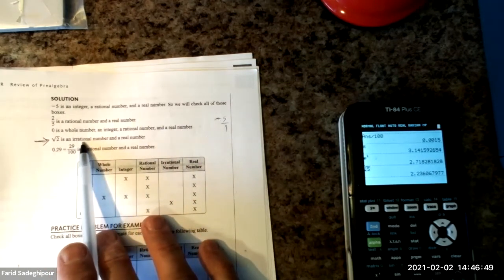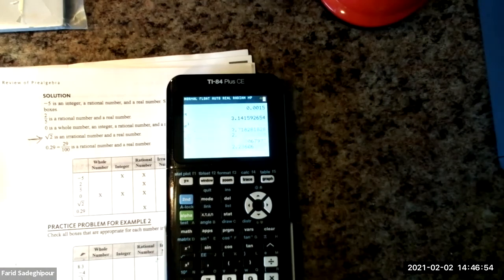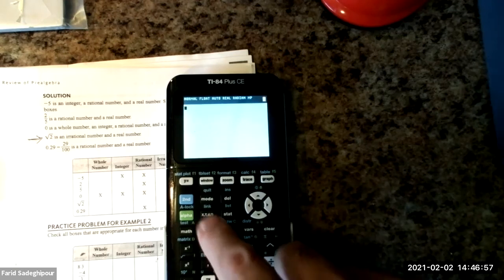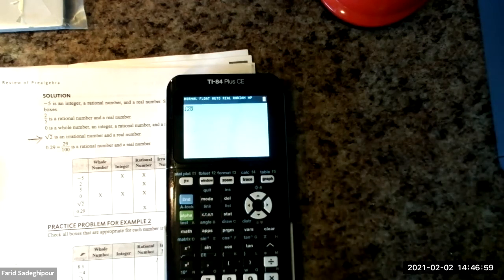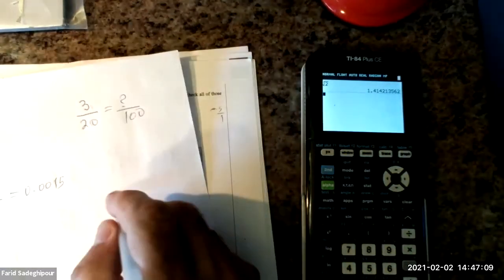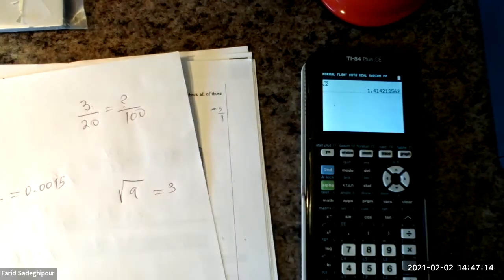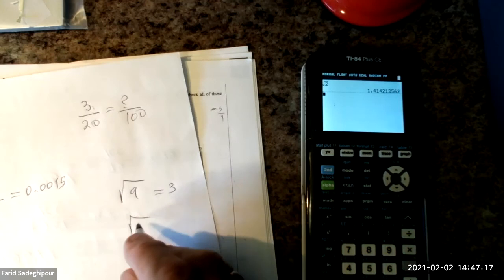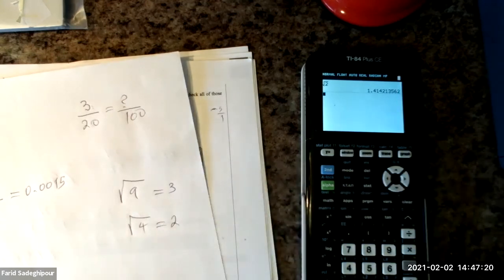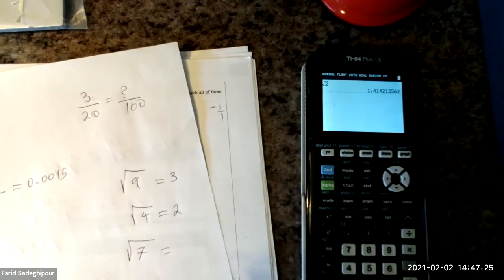Radical 2 is irrational. See, radical 2 never ends. So any radical like that is irrational, but not like this. What is radical 9? Is it irrational? No, because radical 9 is 3. What is radical 4? It's 2. It's rational, not irrational. Irrational is like this: radical 7.